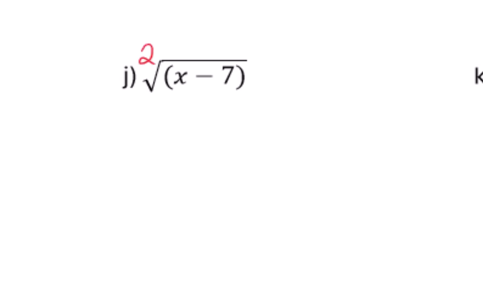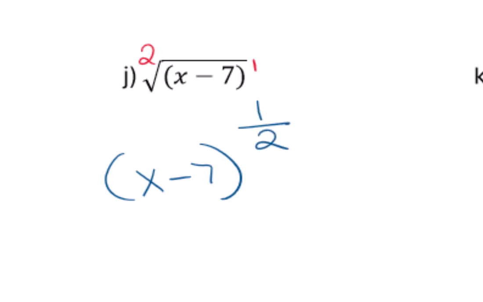Remember, a square root is an understood index of 2. Think of squaring. Exponent is an understood exponent of 1. So we would get x minus 7, exponent of 1 divided by the index of 2. So the binomial x minus 7 to the power of 1/2.